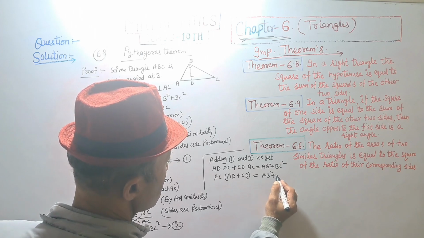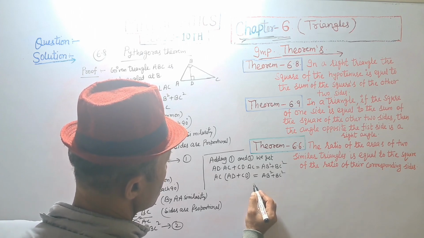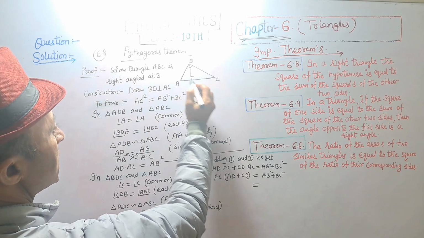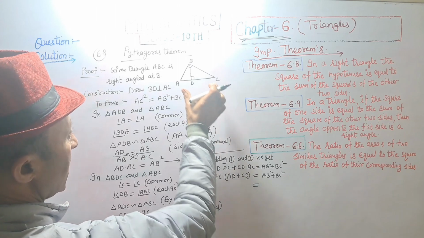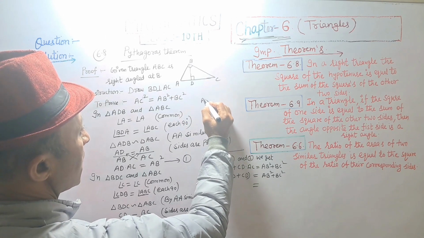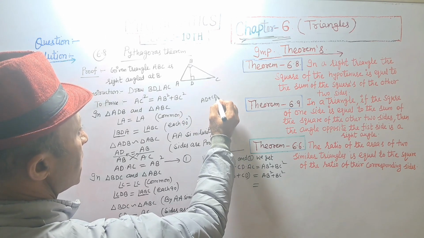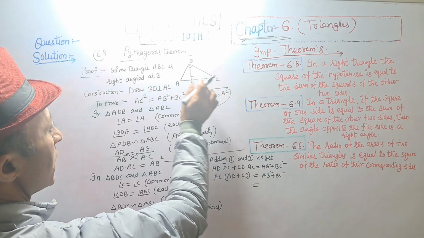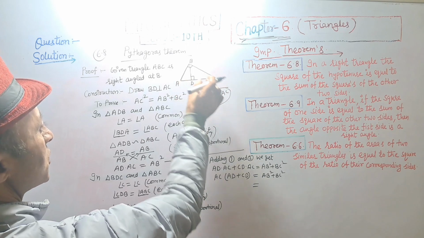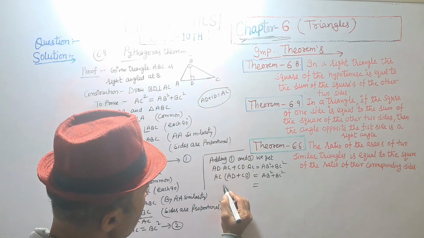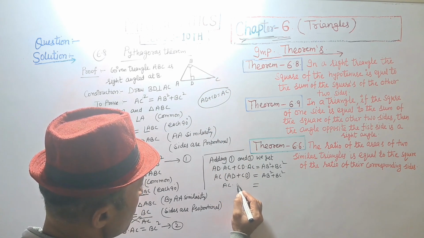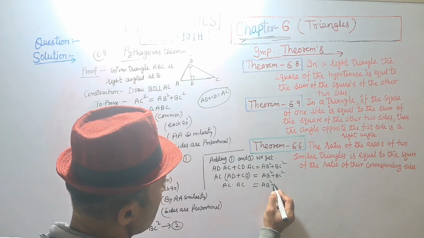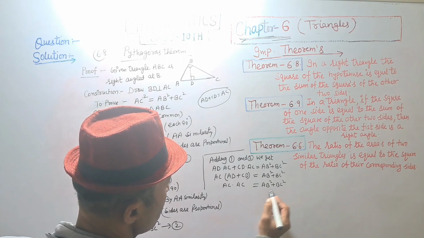AD plus CD is equal to AC, so AC into AC is equal to AB square plus BC square.